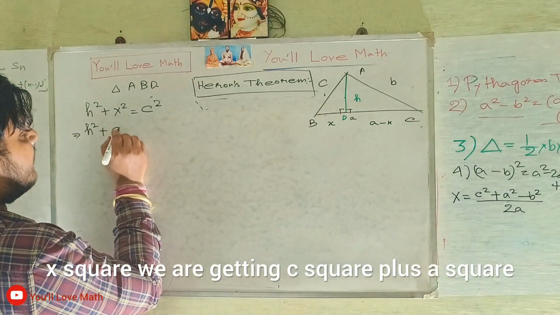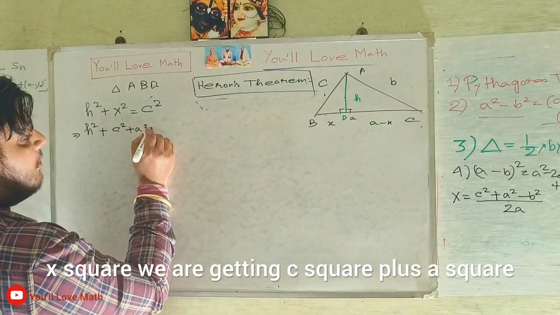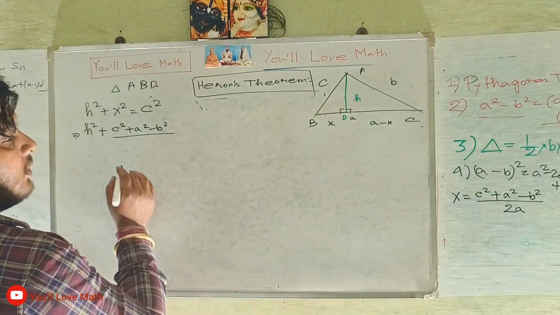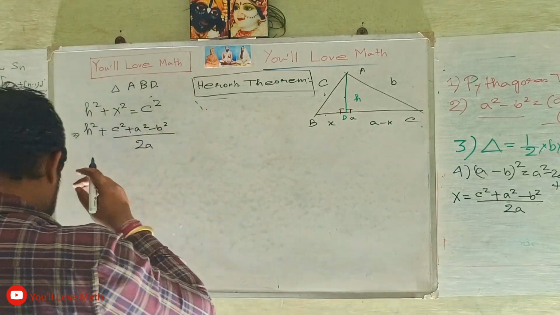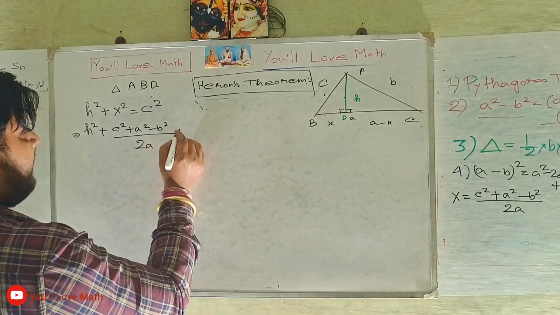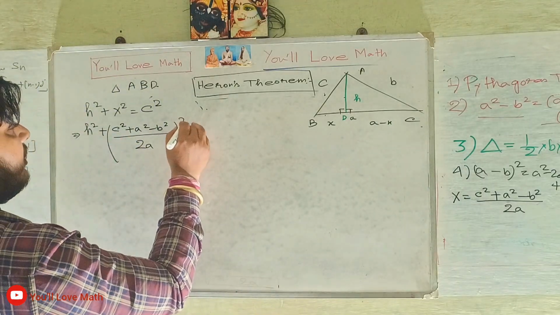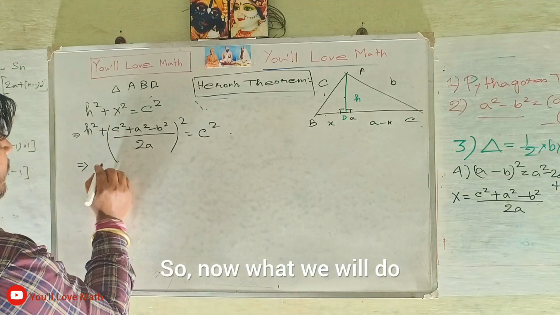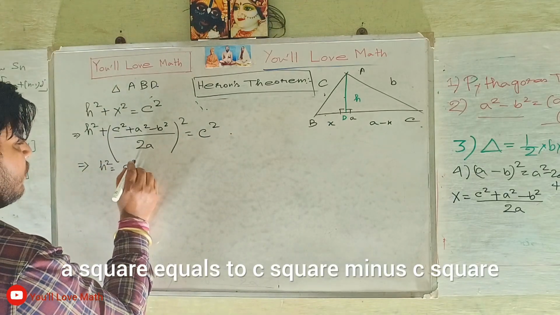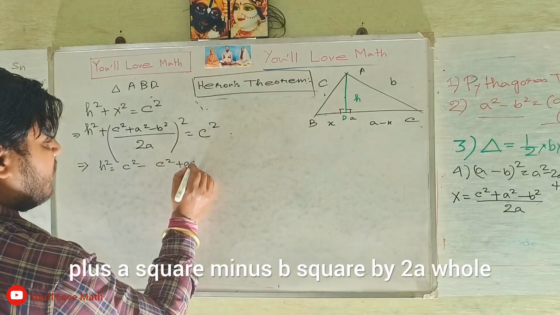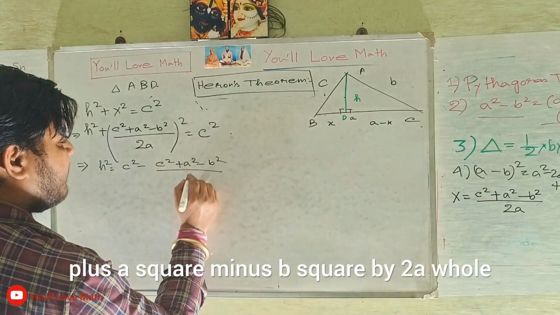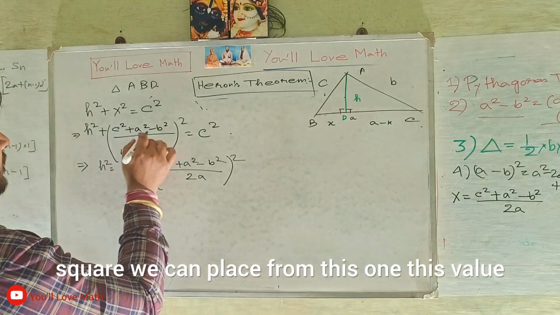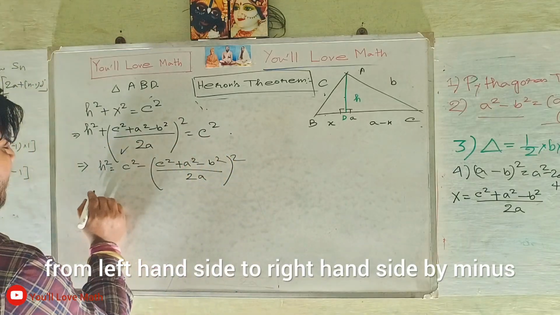X square is (C square plus A square minus B square) by 2A whole square. So now A square equals C square minus ((C square plus A square minus B square) by 2A) whole square. We can move this value from the left hand side to the right hand side with a minus.